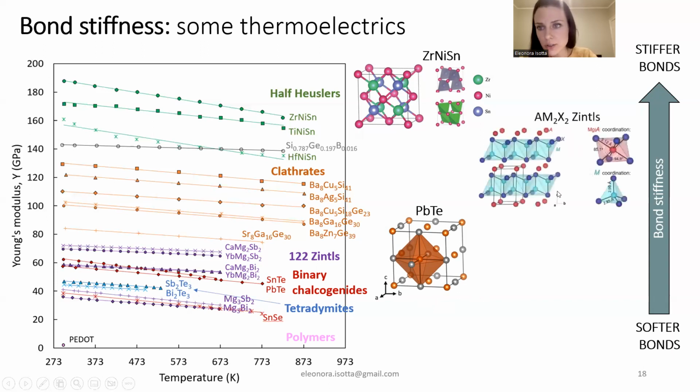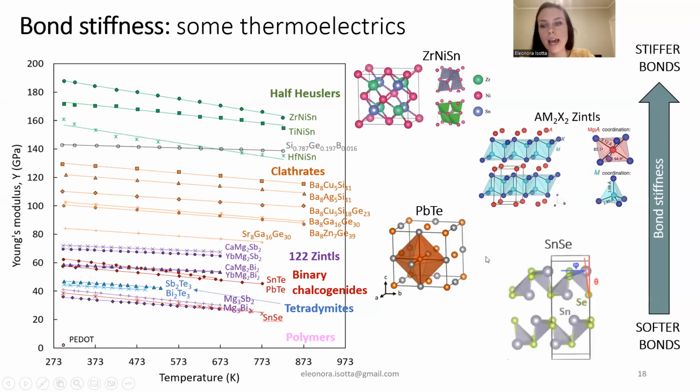Zintl compounds, for example, are found to have intermediate values of elastic moduli, and this might be due to their crystal structure, which has some atoms with tetrahedral coordination, like the half-Heuslers, and some atoms with octahedral coordination, like lead telluride. So this might be the reason. At the very lower end of thermoelectrics, we have materials like tin selenide, which is a layered compound.